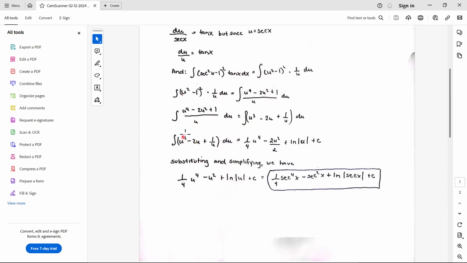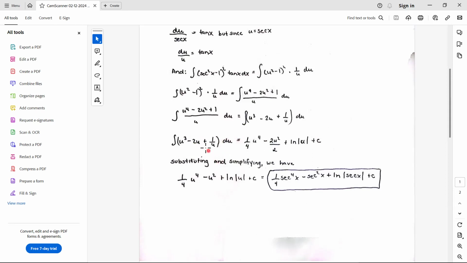Okay, then integrate each term. So you get, remember, we add 1 to the power and divide by the new coefficient. So we get the new power. So u to the fourth over 4. This is minus 2u squared over 2, and the 2's will cancel, plus the natural log of the absolute value of u plus a constant.